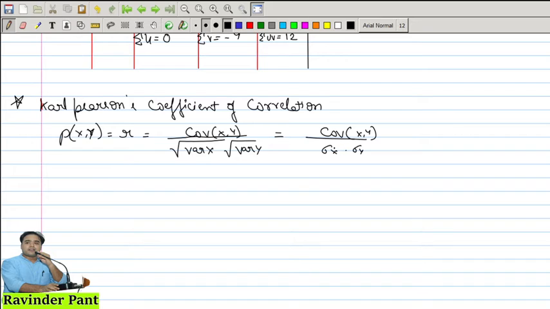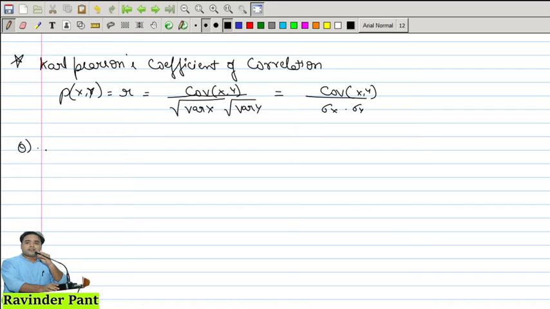We also discussed some properties: the value ranges from minus 1 to plus 1, if it is close to 1 then they are perfectly positively correlated, and if it is close to 0, then a linear relationship does not exist or it is weak. So let us do some questions on this.